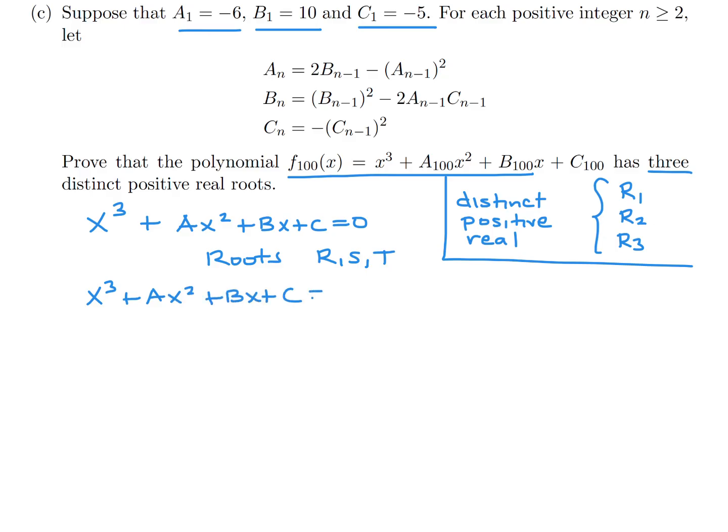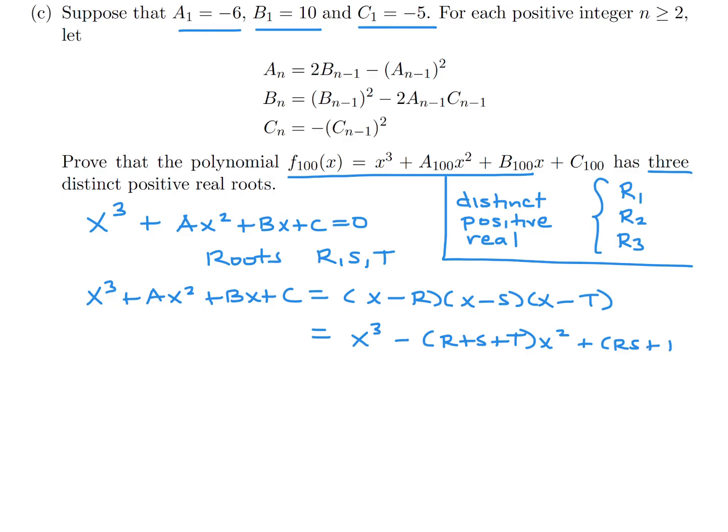So therefore, if we were to put it in a factored form, it would be x minus r, x minus s, x minus t, right? And then when we expand all of this and collect like terms, we would get x to the power 3 minus r plus s plus t, x squared, plus rs plus rt plus st, x minus rst.